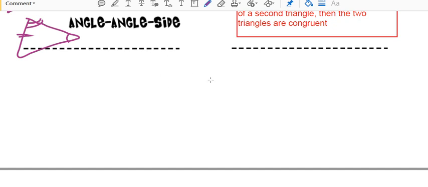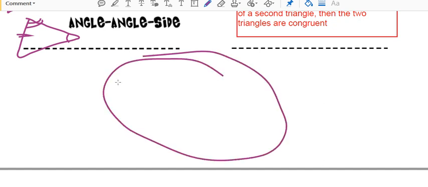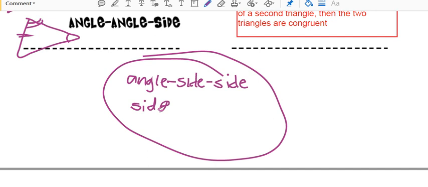So two things do not exist, and these things that do not exist are angle, side, side, and they might also try to say like side, side, angle.